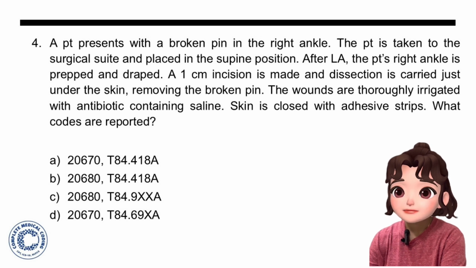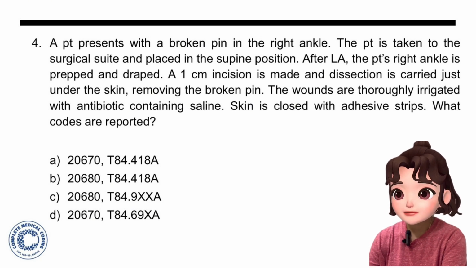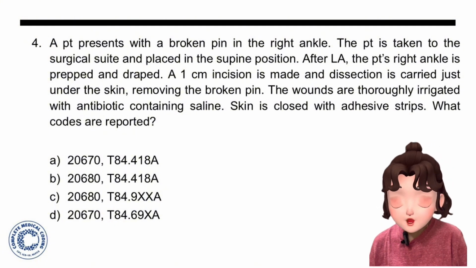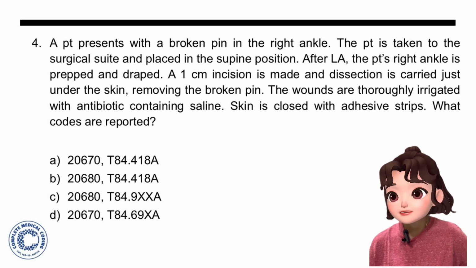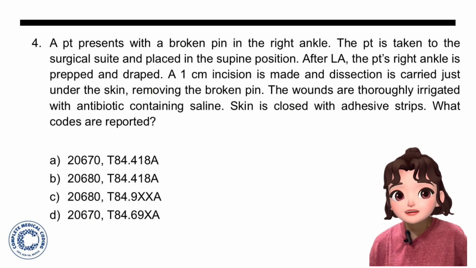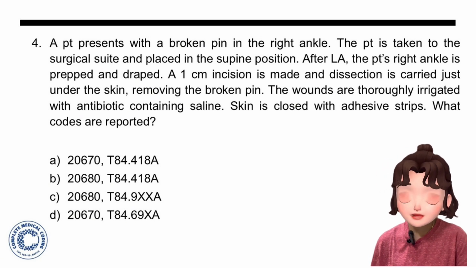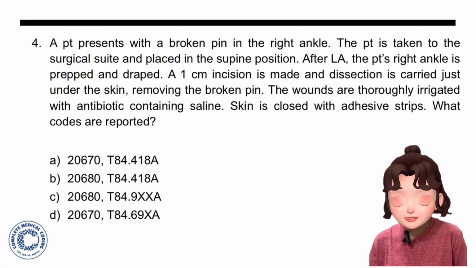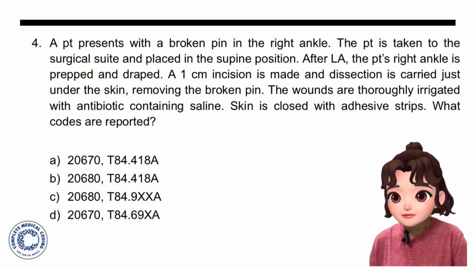Okay. So here you have to find out the CPT and ICD codes. The patient presents with a broken pin in the right ankle, and they are removing the broken pin from the right ankle. Anyway, let's find out the answer.